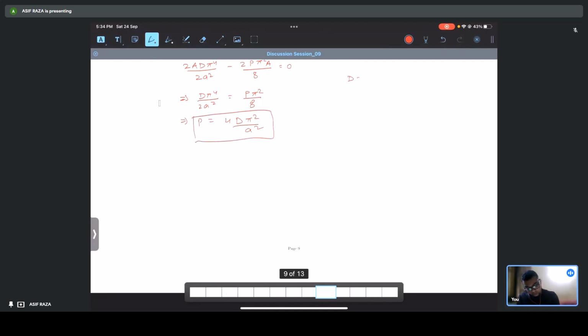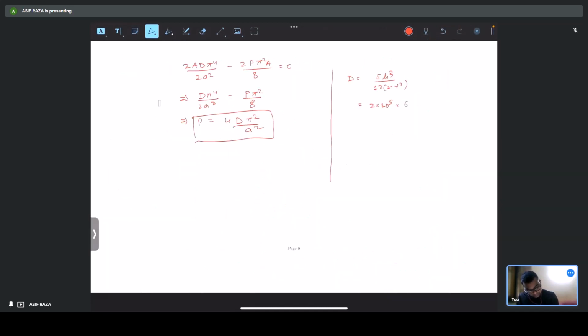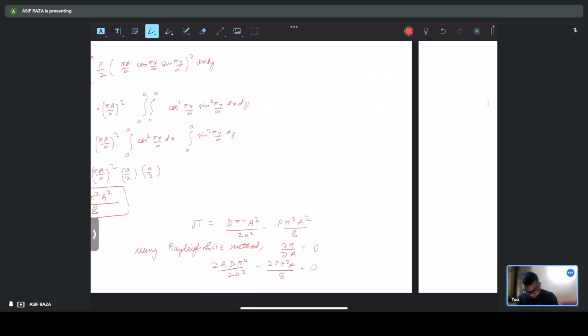Now D is EH cubed by 12 into 1 minus mu square. E is 2 into 10 power 5. H is 6 mm. 12, 1 minus, this is 0.3, suppose here.